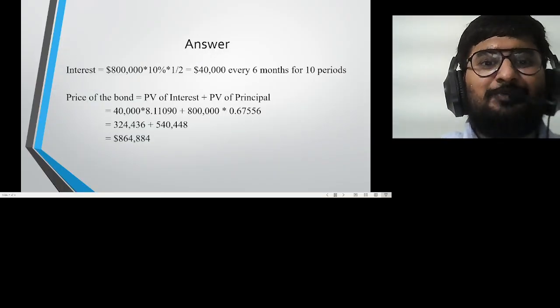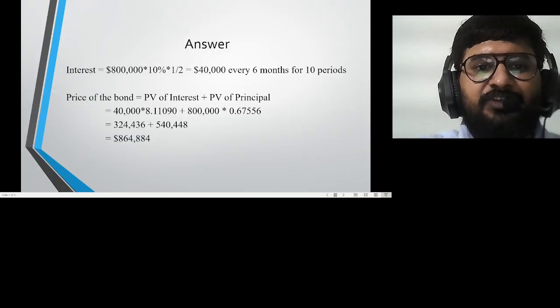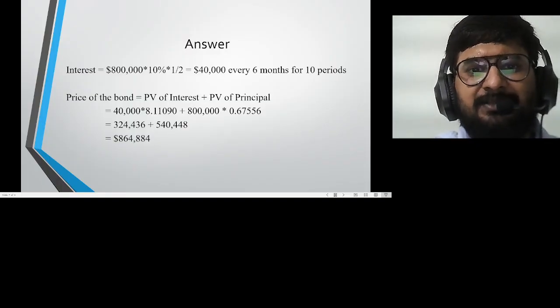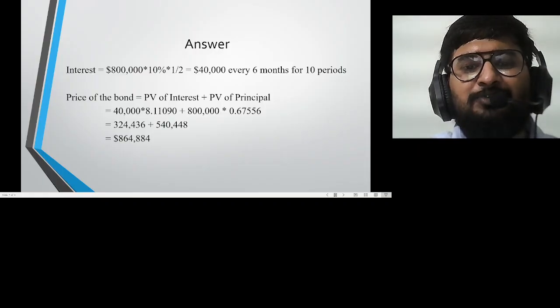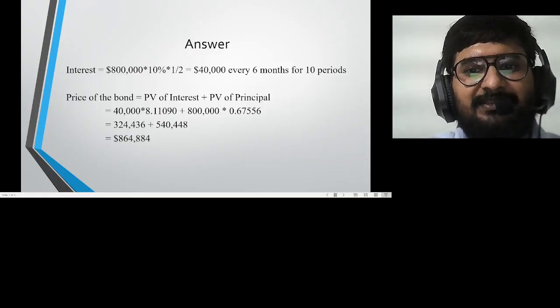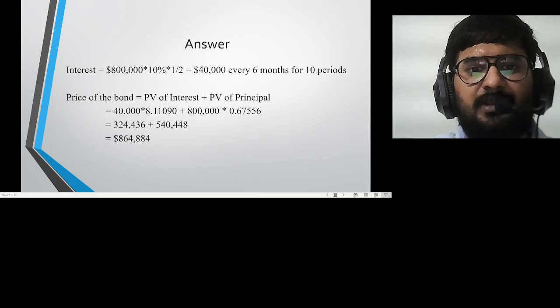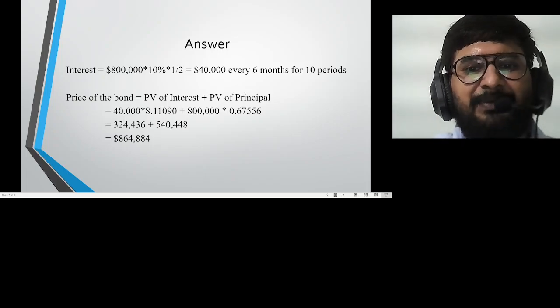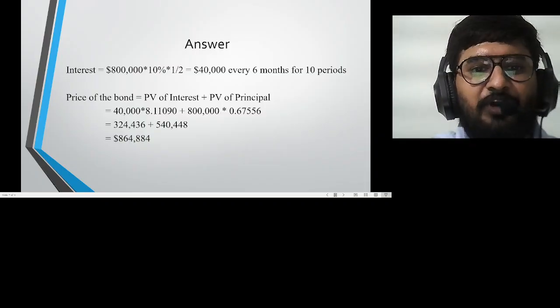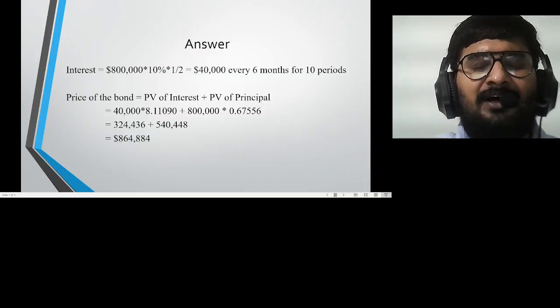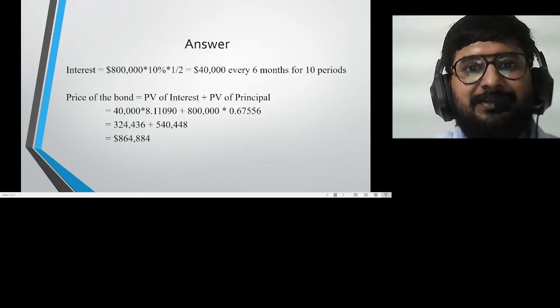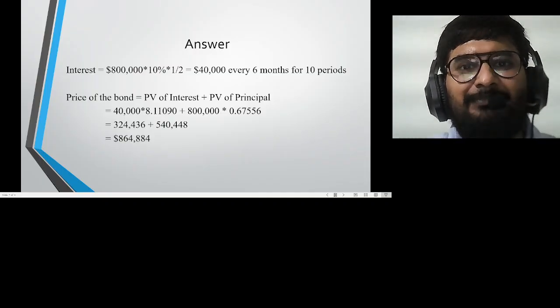So first I calculated interest. Interest on this will be $800,000 into 10% into half. So $40,000 will be paid every 6 months for 10 periods, 10 times. So we do PV of interest plus PV of principal. So 40,000 will be multiplied with the relevant annuity factor, that is 4% for 10 periods.